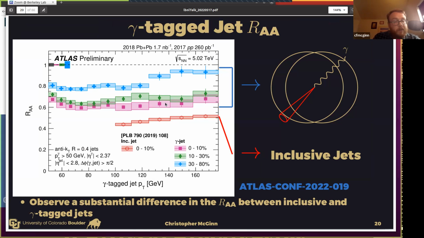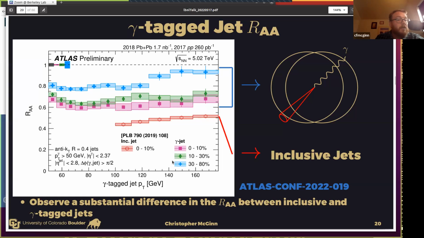But ignoring that for a moment, we can just go ahead and take the RAA right away from what you saw in the previous plot. Keeping in mind that there is a spectral shape difference that's going to matter for our interpretation, we do see an RAA in 0 to 10% gamma jet events. So that's the purple box here. We see something that's at about 0.6, and it's at about 0.6 across our full pT range.